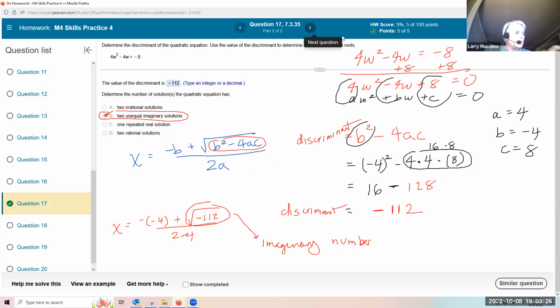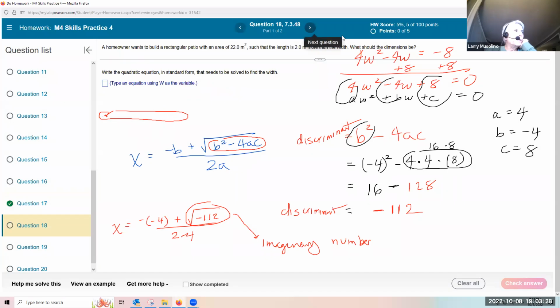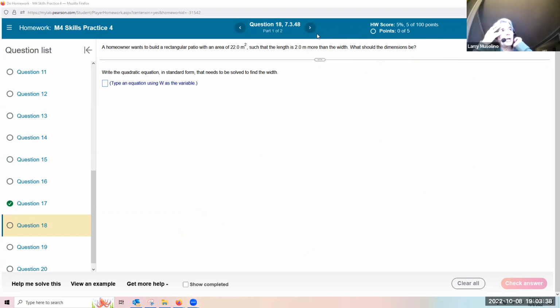All right, folks, let's do one more maybe. Let's do an example like this, because here we have to translate a word equation into a quadratic equation. So let me give you some guidelines on how to get started here.